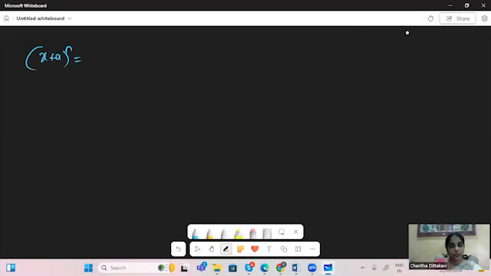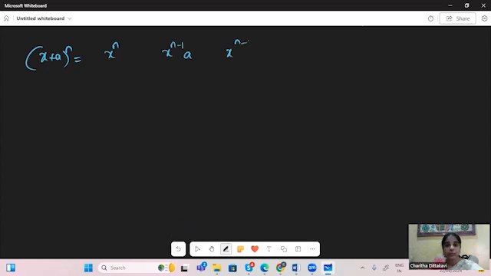Right, guys. So now x plus a whole to the power n. If we go with the earlier logic, that is giving the entire power to x, we keep decreasing now. x to the power n minus 1, gradually decrease x, gradually increase a, right? So a, and next, x to the power n minus 2, one more decrease for x, another increase for a.